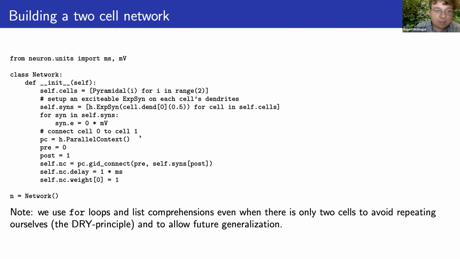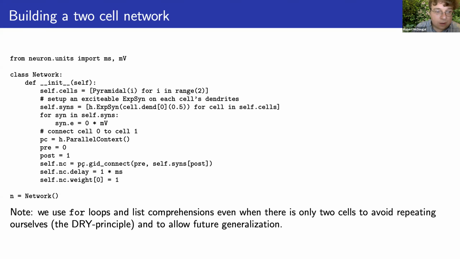And then I can connect my network together within my network class here by creating that parallel context. All parallel related things, and this includes connectivity, are done through the parallel context object. And I'm just going to map a presynaptic cell to the postsynaptic cell synapse with a certain delay and a weight.